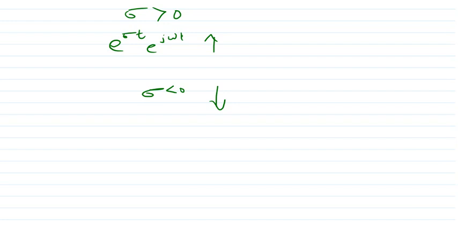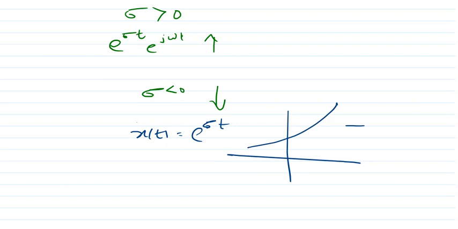Further, if we consider only the real part, then what is our x of t? Basically x of t is nothing but e raised to the power sigma t. Again, if sigma is greater than 0, then it is an increasing real exponential signal.